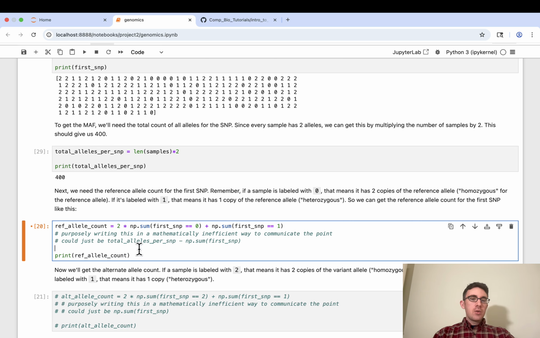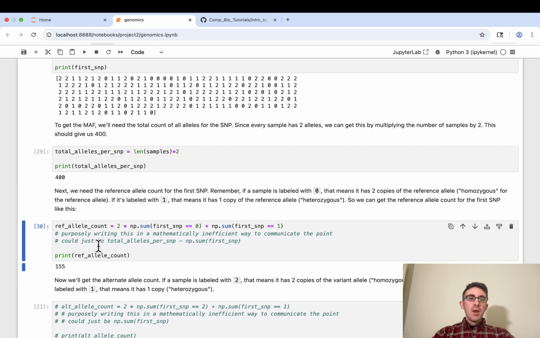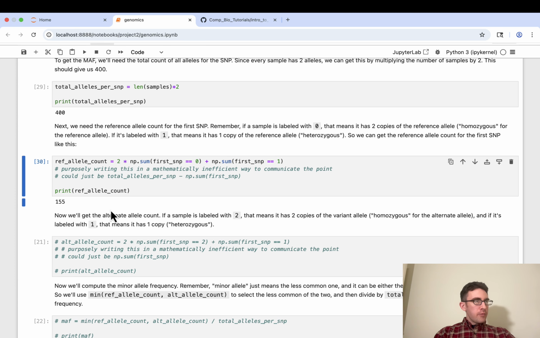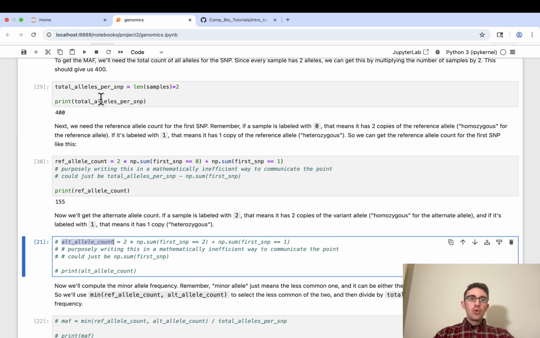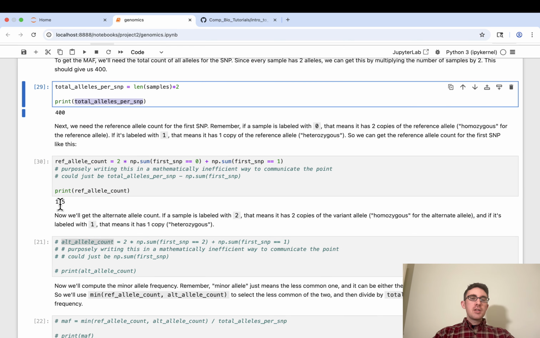So we can do this count, and then print out how many copies we see of the reference allele, and we see 155 copies of the reference allele out of 400. Now, if you were being clever and efficient, you could say there are only two possible alleles, so all the allele copies that aren't the reference must be the alternate allele, so we could get our alternate allele count by doing total alleles per SNP minus 155.